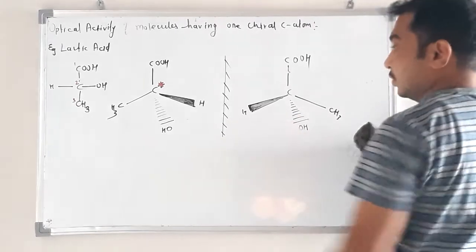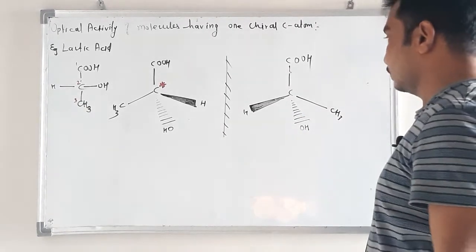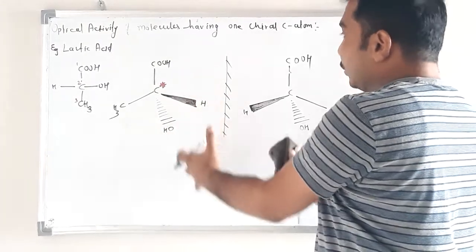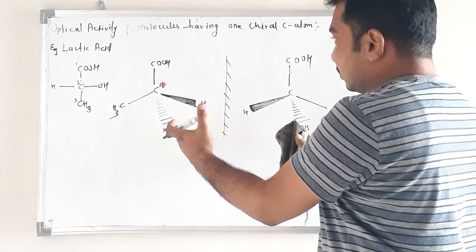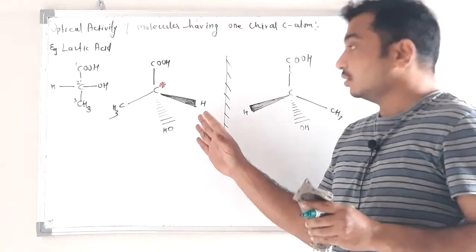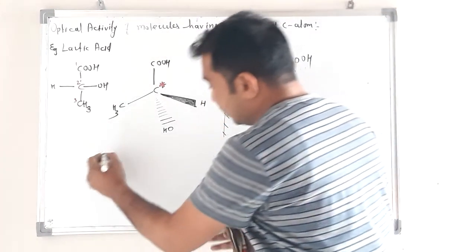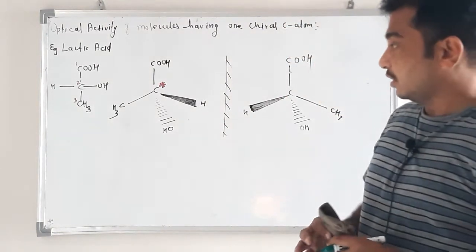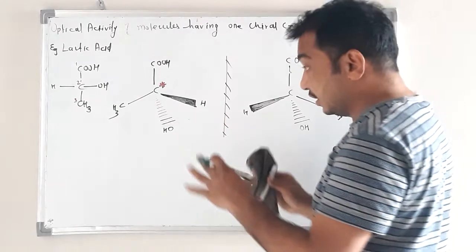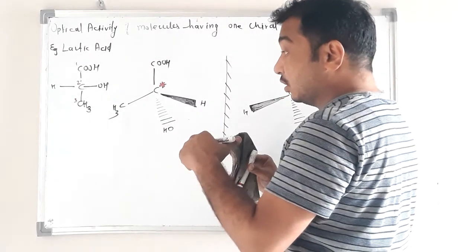OH. So these are the two stereoisomers which are optical isomers of each other. If we pass plane polarized light through the solution of this lactic acid, then you will find there is rotation toward the clockwise direction.